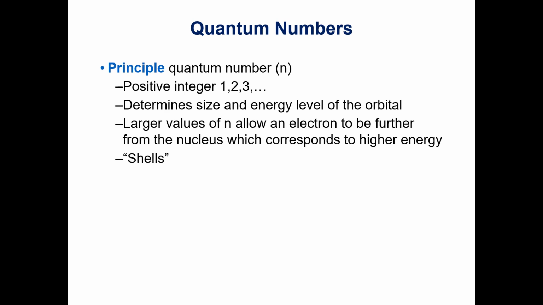They're only positive whole number integers. As I mentioned, larger values of n mean that we're further away from the nucleus, which means that we're talking about a higher energy level. Sometimes the principal quantum number n gets referred to as shells. So different shells for electrons.